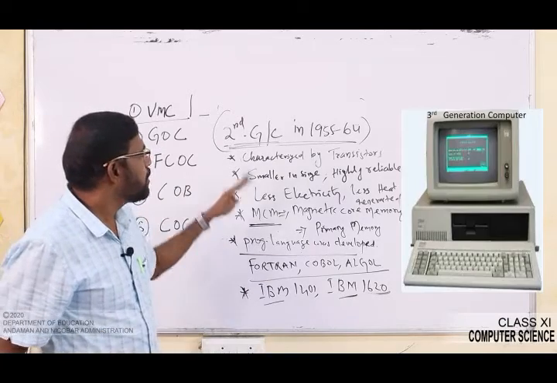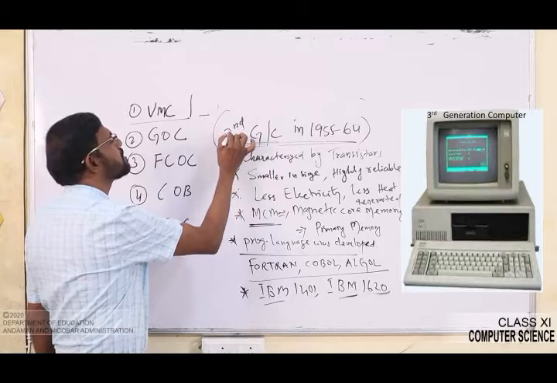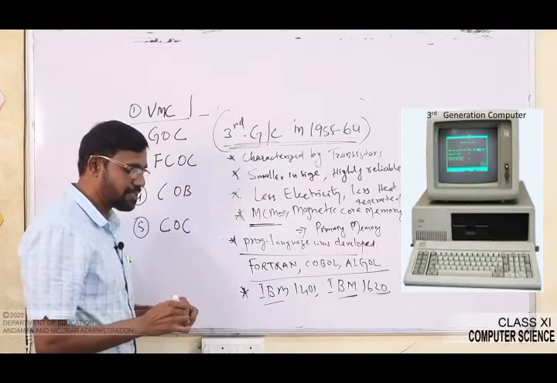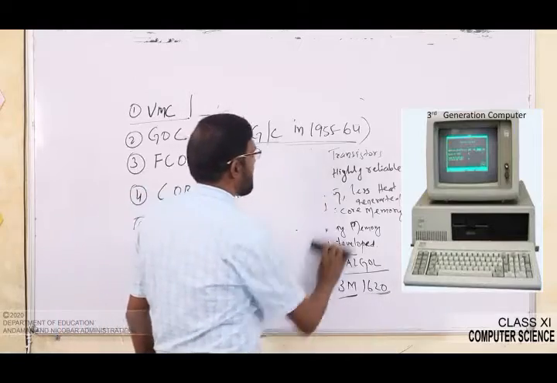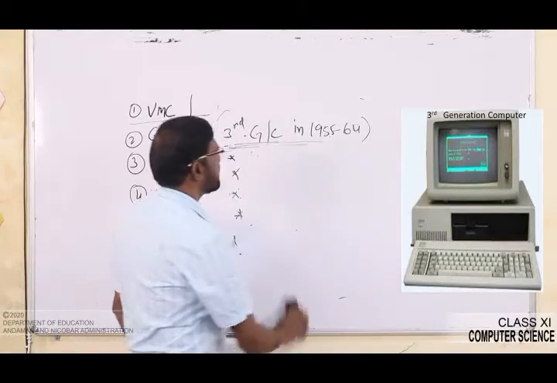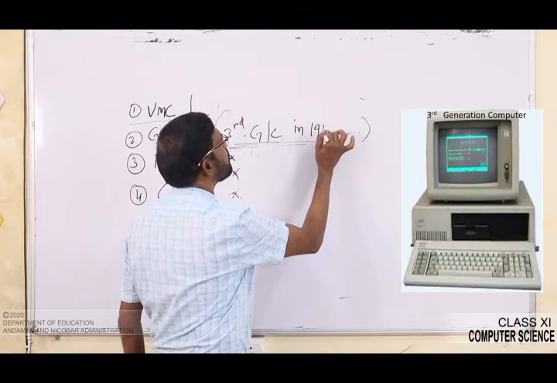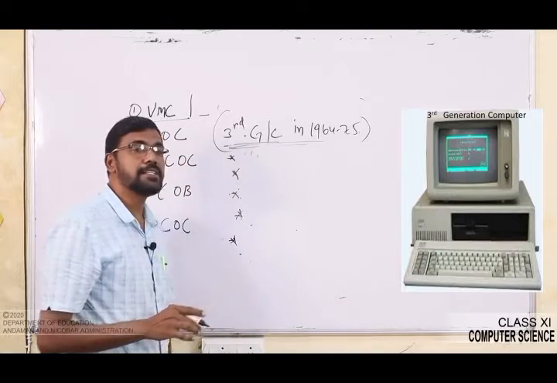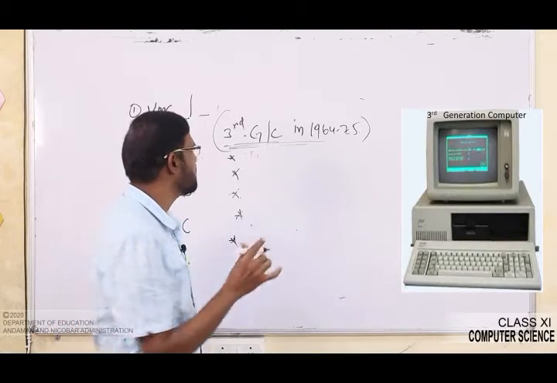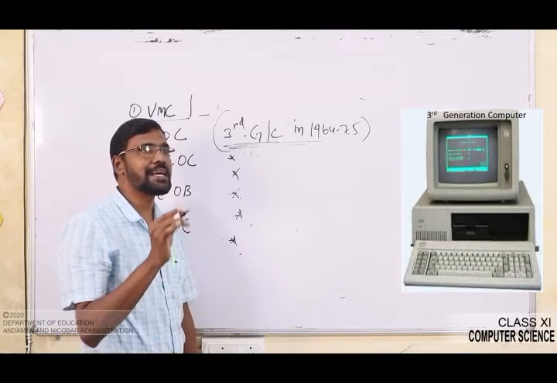Now we are going to consider the third generation. What are the third generation computer features? Let us see. The duration is 1964 to 75. In this generation, drastic changes happened. What are the drastic changes?